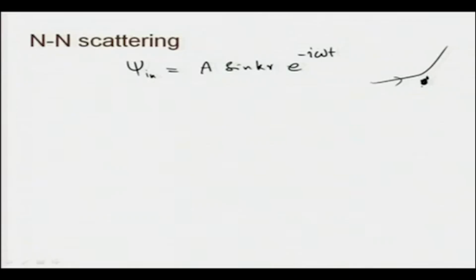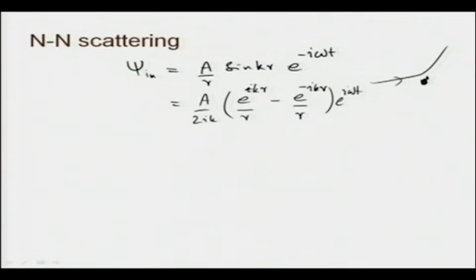So, this actually I can write as A over 2 i k sin k r, I will write in terms of the exponentials as e power i k r minus e power minus i k r over 2 i, into e power minus i omega t, times 1 over r.